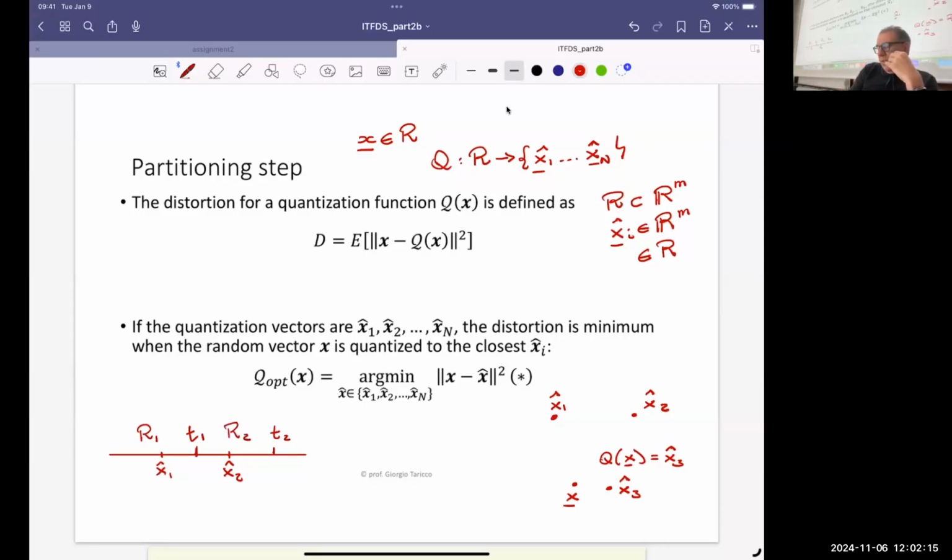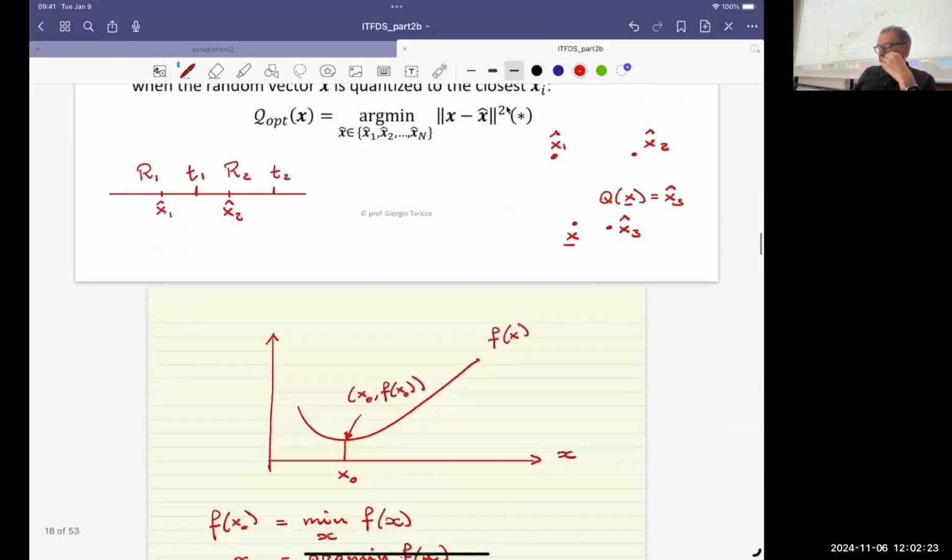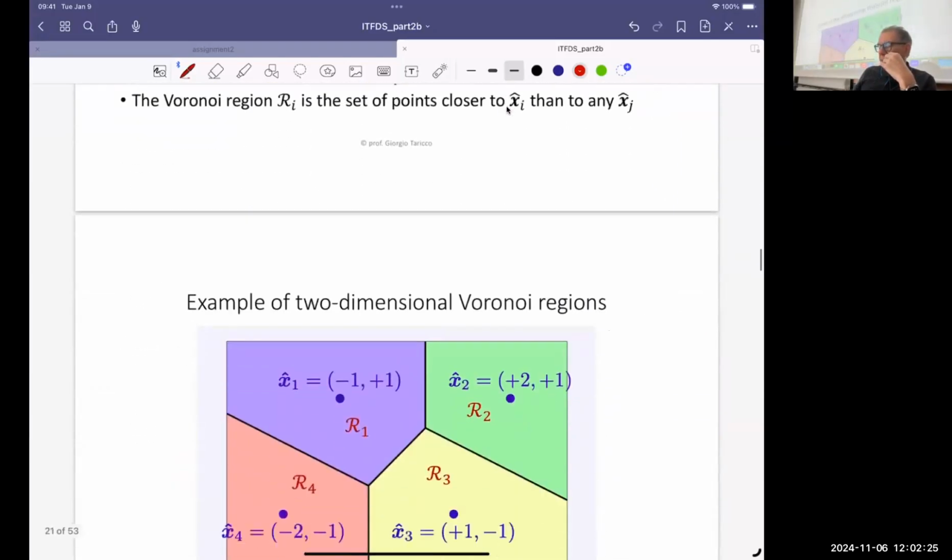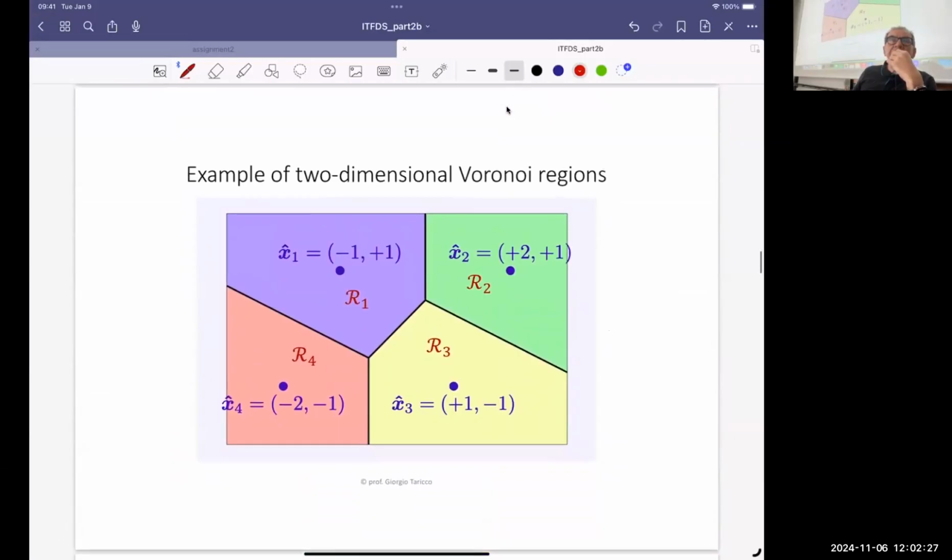And instead of being delimited by lines, like in this example in 2 dimensions, the Voronoi regions in 1 dimension are delimited by points.